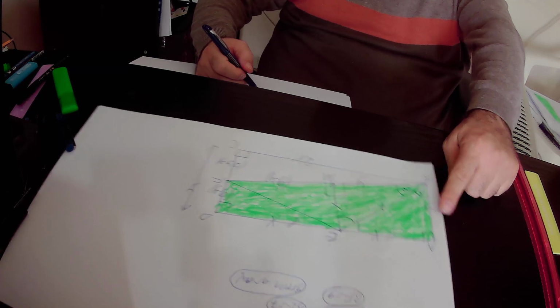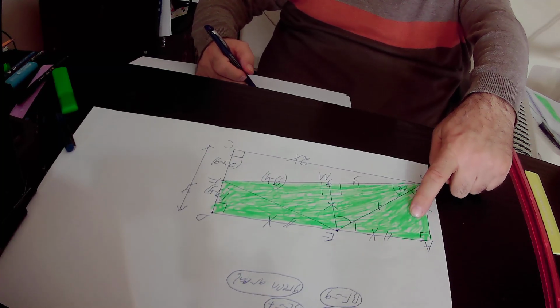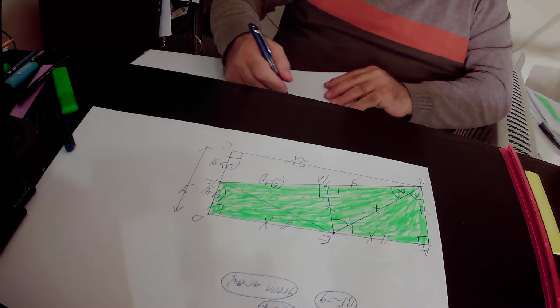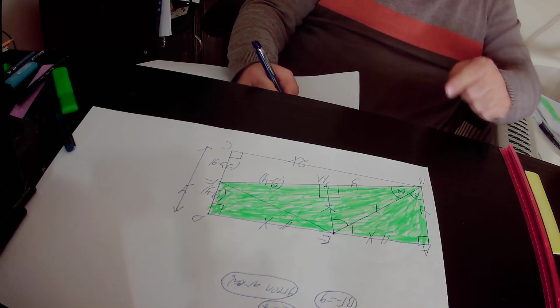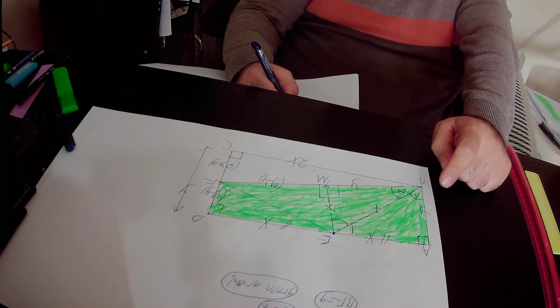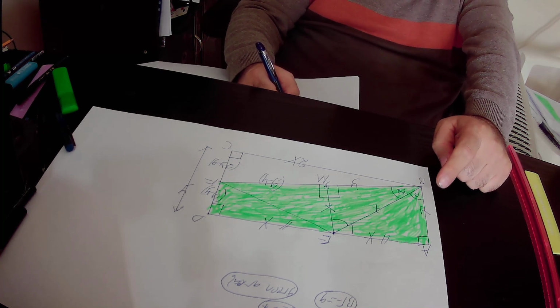So in the next step we will focus on the right triangle ABE. On this right triangle ABE, according to the Pythagoras theorem, the square of the hypotenuse equals the sum of the squares of the perpendiculars.